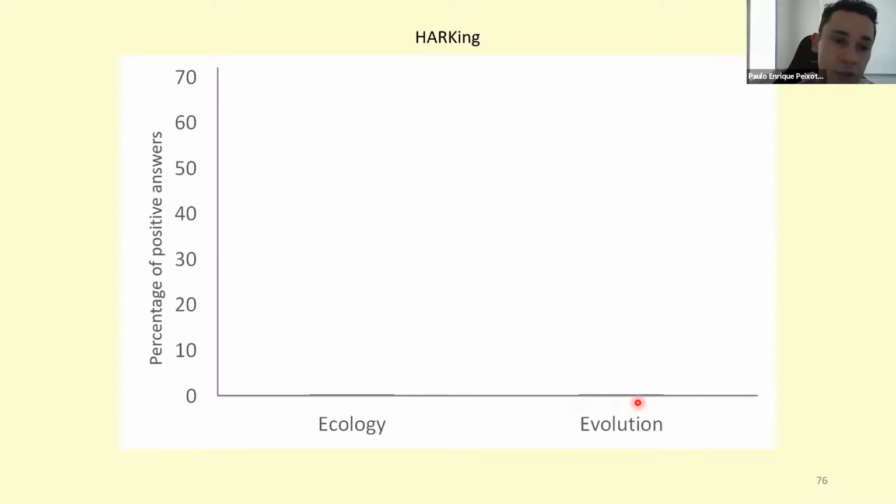For cherry picking, the situation is worse. Again, the same information, percentage of positive answers for ecology and evolution, and they found that around 60% of authors stated that they adopted cherry picking, they removed non-significant results because these results were increasing the difficulty to publish an article, okay?